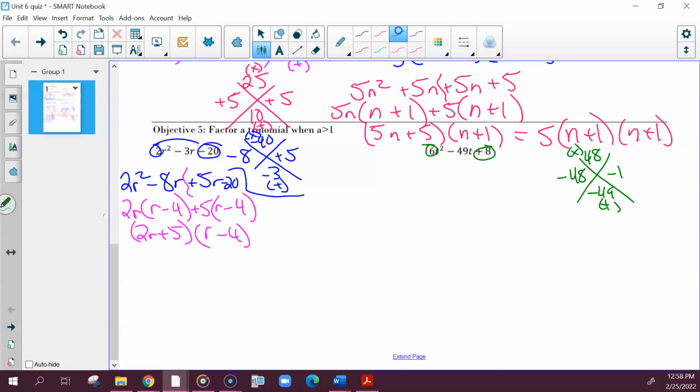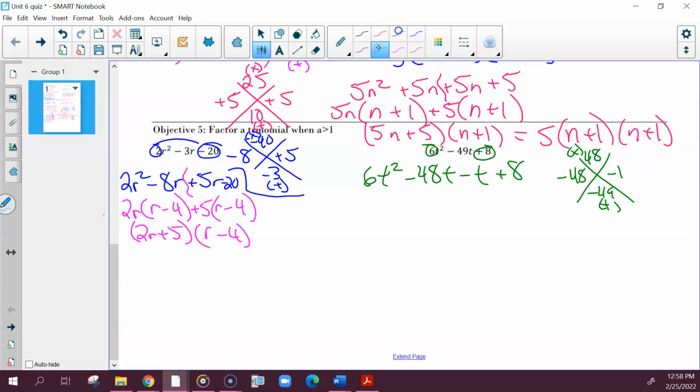And then we would begin this process. 6t squared minus 48t minus 1t plus 8.